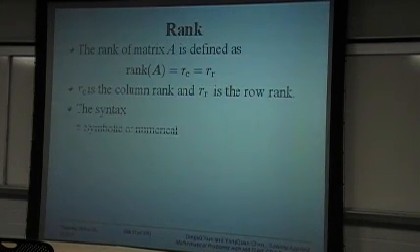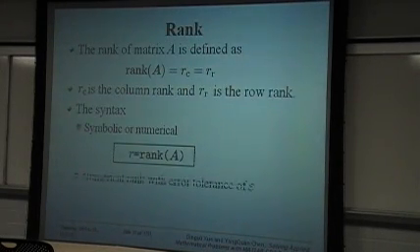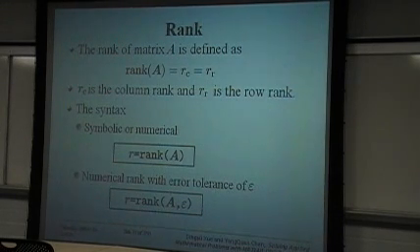The rank of a matrix is also a very important property of the matrix. In mathematics, the rank of a matrix is defined as the maximum number of rows or columns which are linearly independent. And this one seems to be quite abstract. To find the rank of a matrix, if you do not use a computer, it might be very complicated.